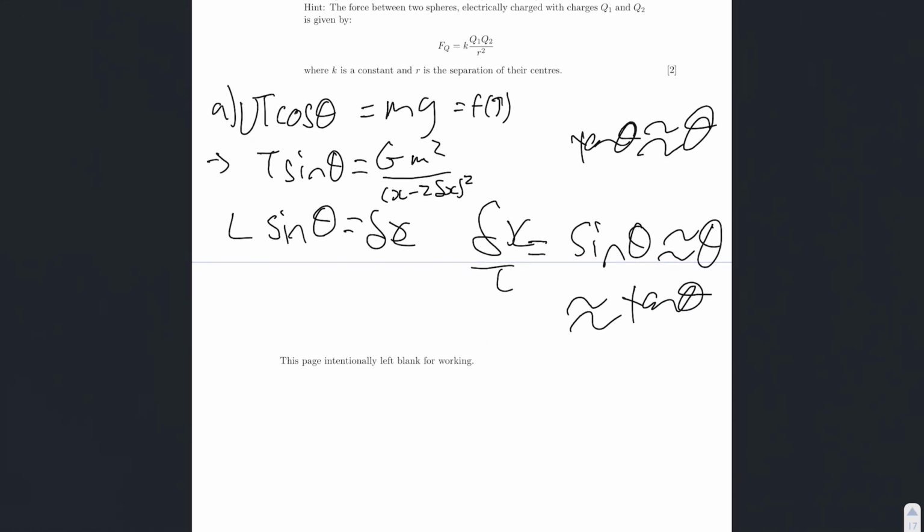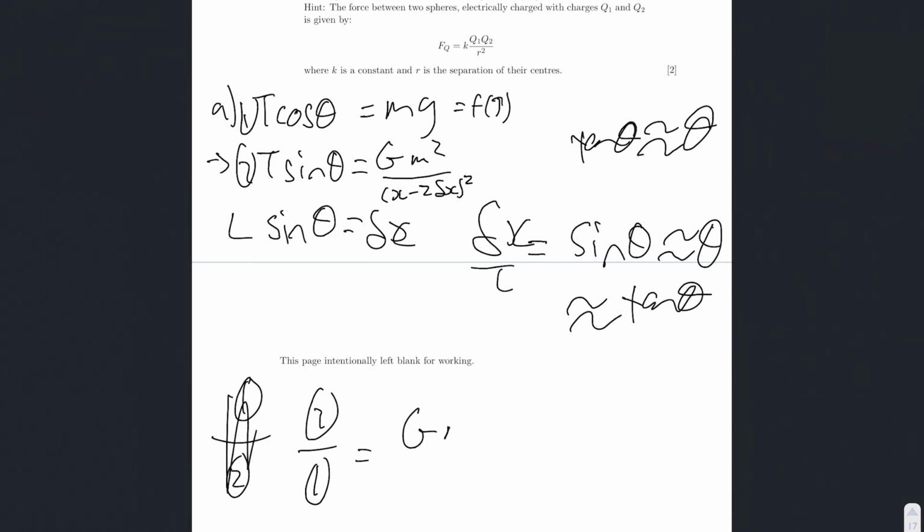So if we have equation 1 here and equation 2 here, what we can do is 1 over 2, or in fact 2 over 1, which equals G m squared over (x minus 2 delta x) squared, multiplied by 1 over mg.